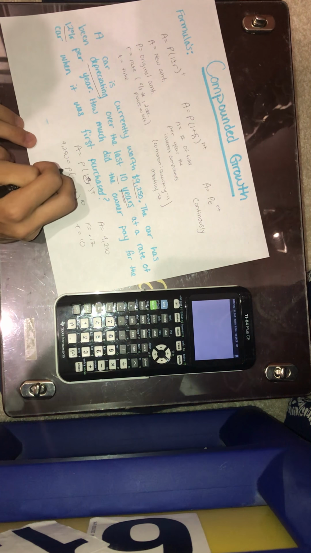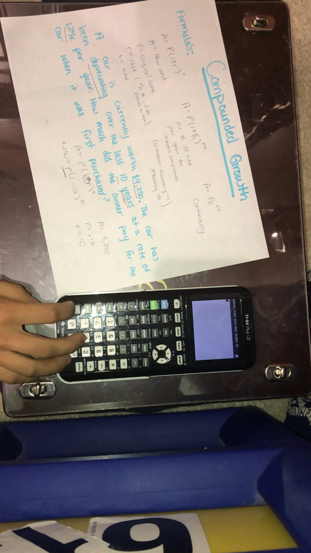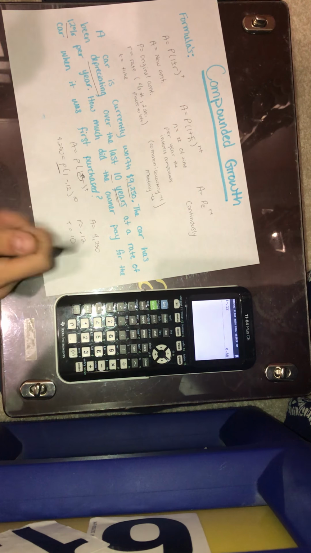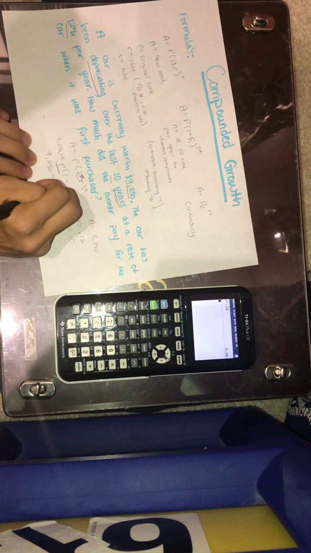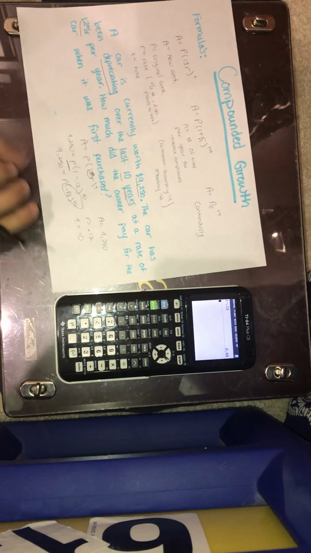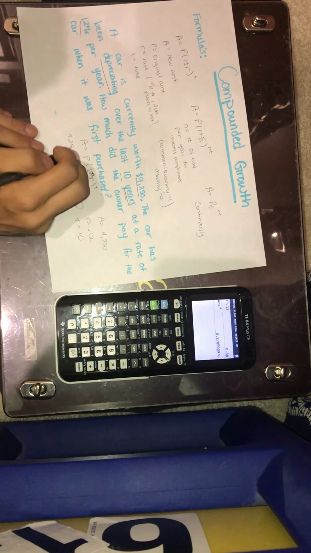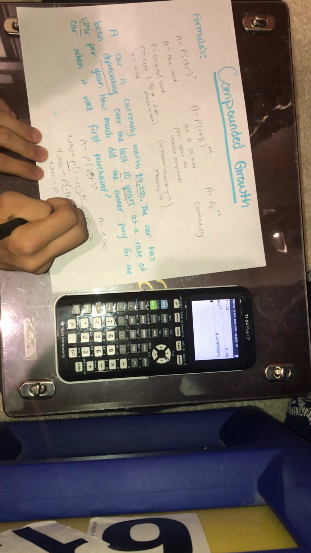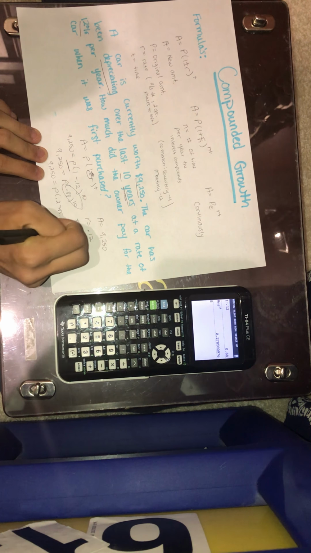Okay, so we're trying to find the original value of the car. So first, I'm just going to do 1 minus 0.12. So that's 0.88. And I'm just going to raise that to the 10th power. So that number is 0.2785, whatever.